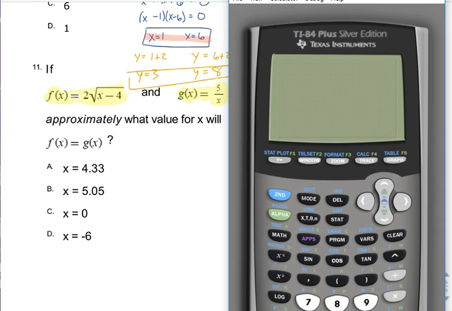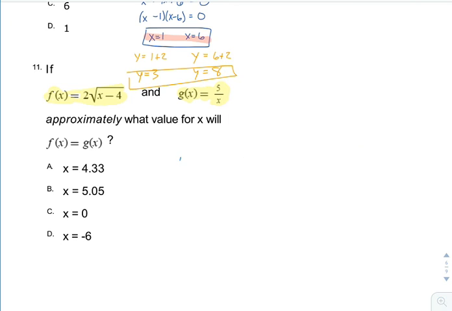And anytime you have functions where you're setting things equal to each other, and this is algebra we will be learning in Math 3, but right now, you can use your calculator for it.